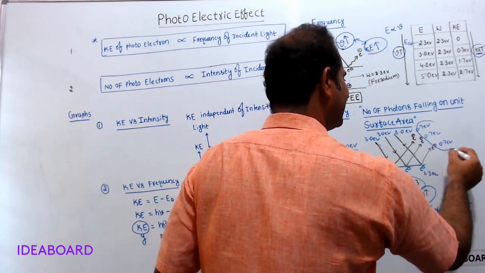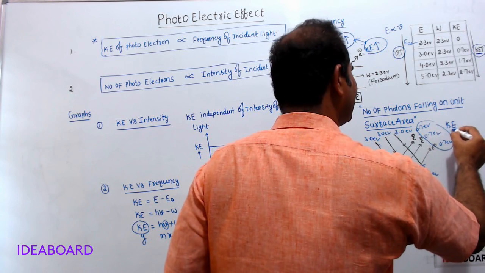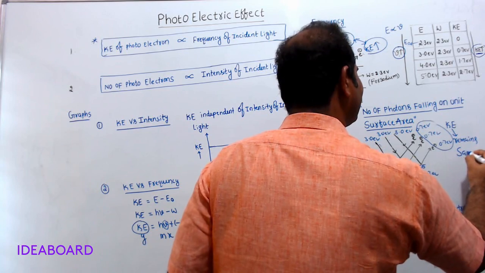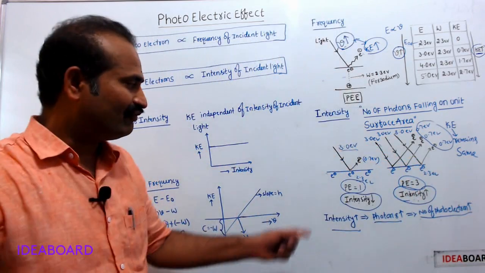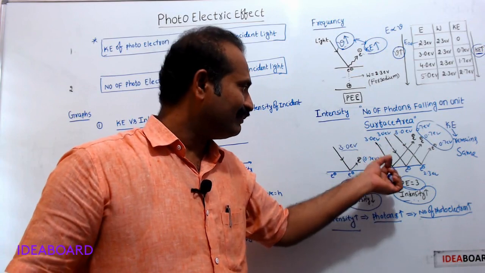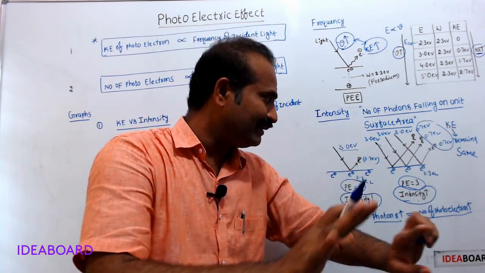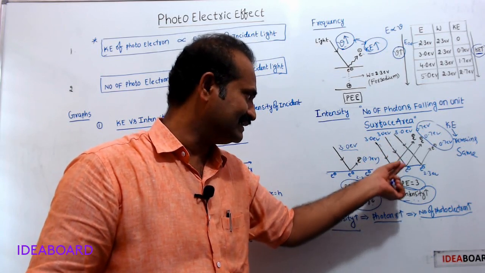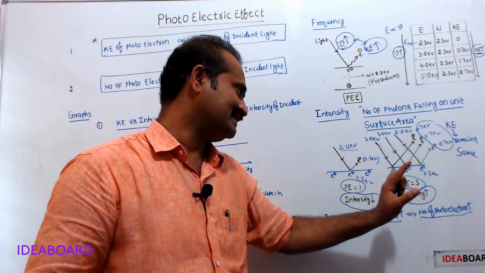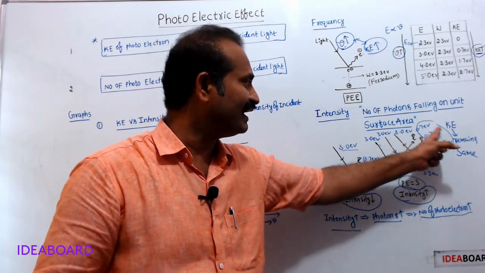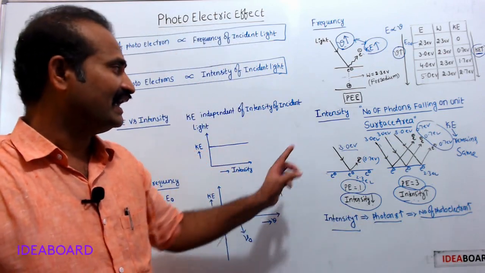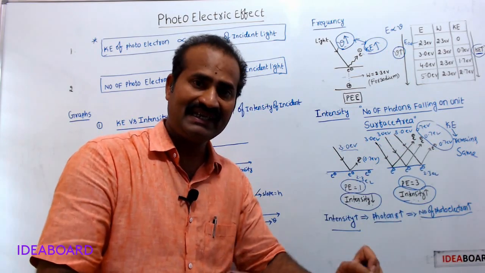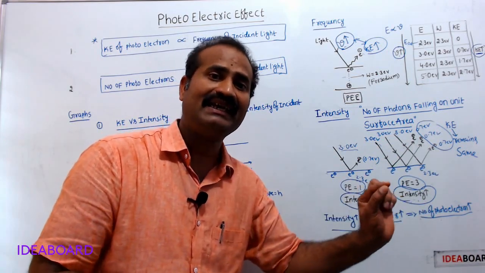Kinetic energy remains the same. When we increase intensity, simply the number of photons increases, but their frequency remains the same. That's why, as frequency remains the same, kinetic energy remains the same. Therefore, as intensity increases, the number of photoelectrons increases, but their kinetic energy remains the same.